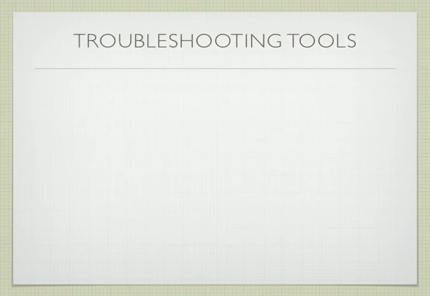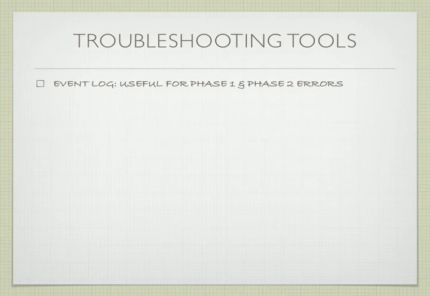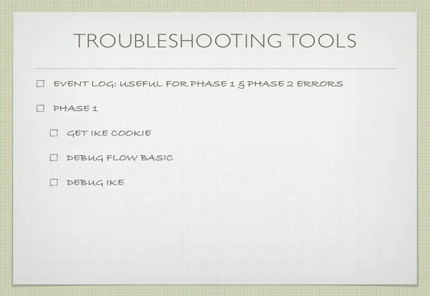The same troubleshooting tools are available. You're going to use the event log to get your phase 1 and phase 2 errors that we mentioned earlier. You're going to use get ike cookie to see what phase 1 associations are in place.